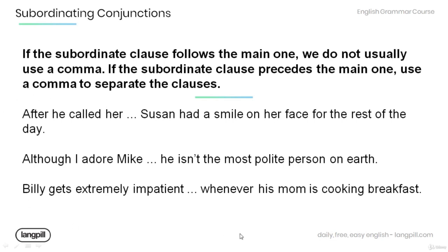Now read the following sentences and fill in the blanks using the appropriate punctuation. After he called her, Susan had a smile on her face for the rest of the day. Comma. Although I adore Mike, he isn't the most polite person on earth.